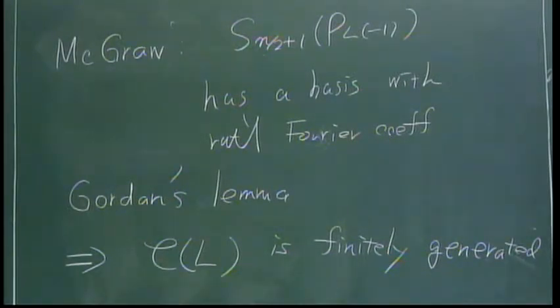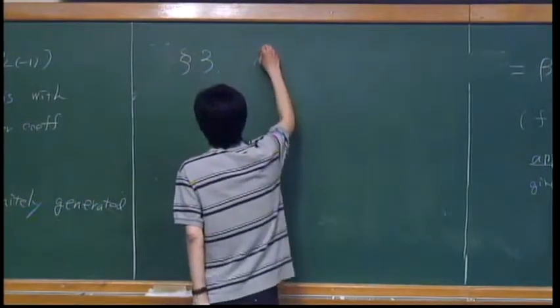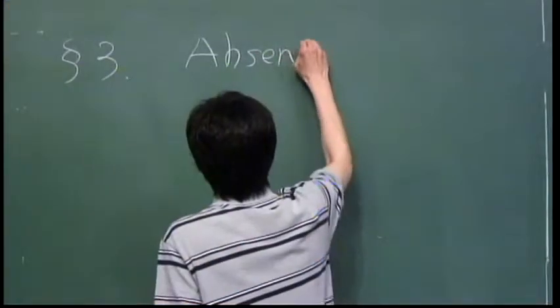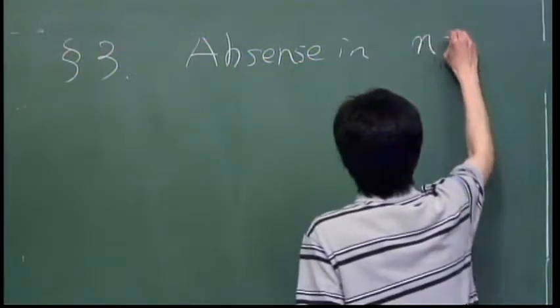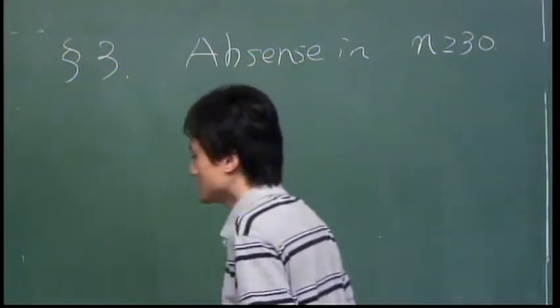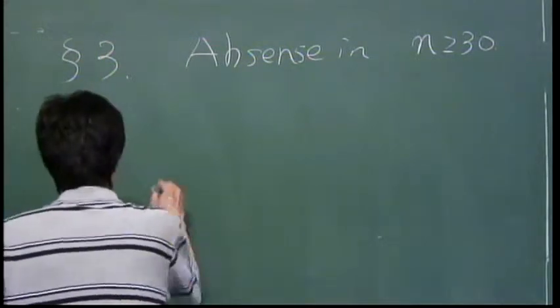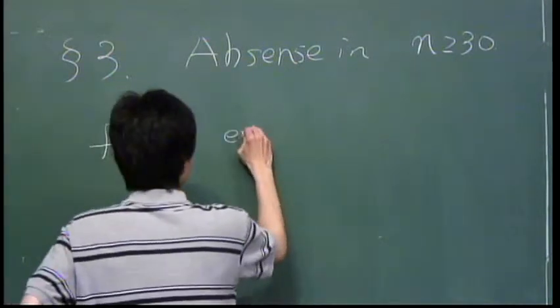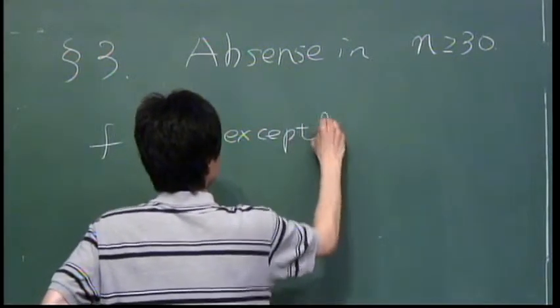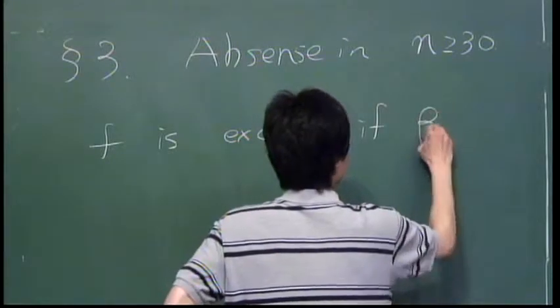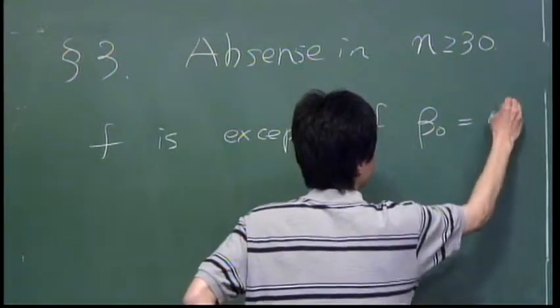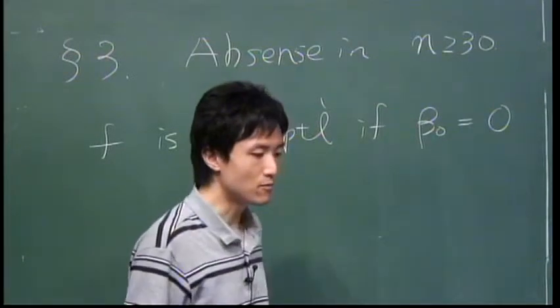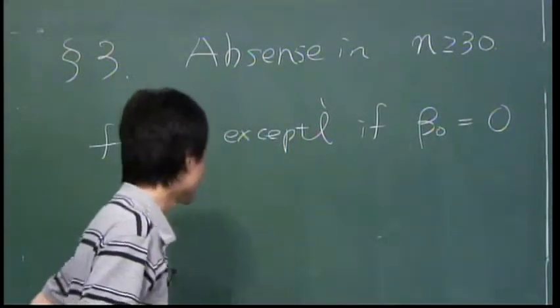Now let me start the proof of the finiteness theorem. It consists of several steps. Let me first say that a two reflective form is exceptional if it vanishes at the main component, the H0 component, of the -2 Heegner divisors.